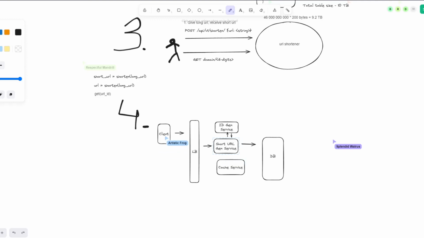So we return the shortened URL to the client. Sorry, I'm just thinking out loud, basically.